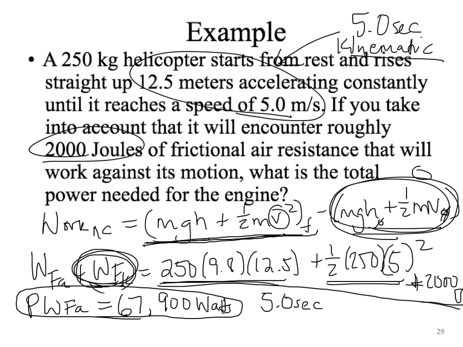And like I said, I will be more forthcoming with the time. I'm not going to have you do a kinematic. But you realize that if you have that distance, you start at 0 and you want to get to 5, you can easily find the acceleration and the time that it takes. So it'll take 5 seconds. Put that under there. You'll get a power from this applied force that you're going to require from this helicopter of 67,900 watts.